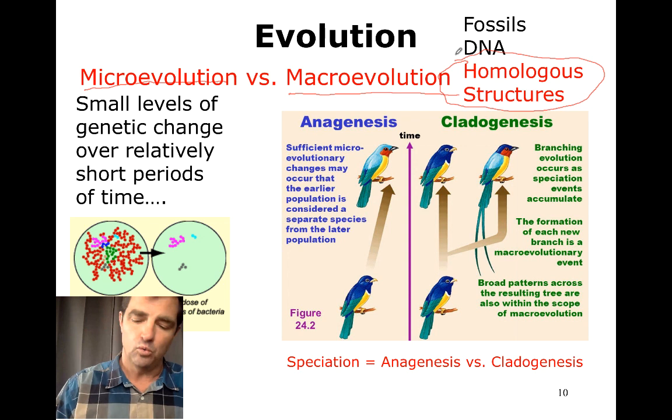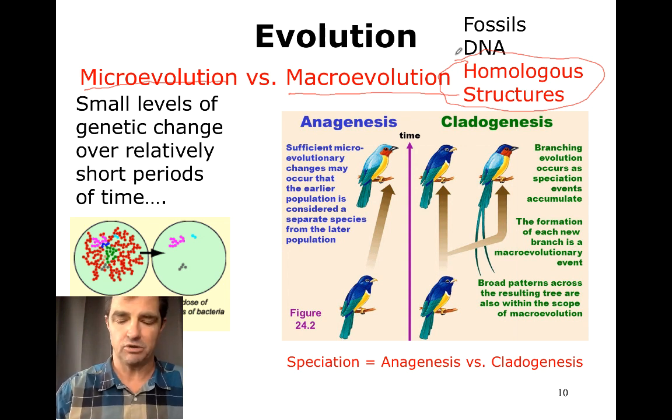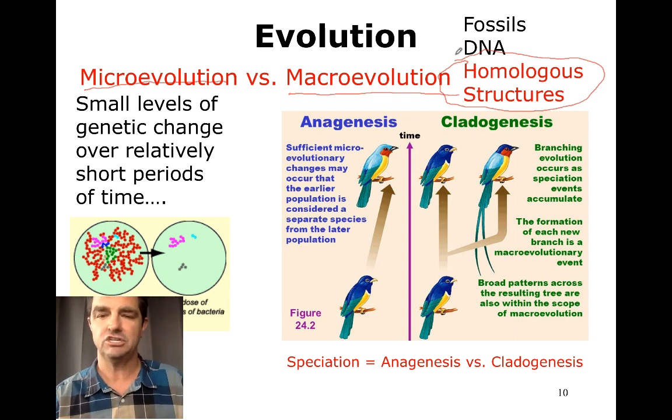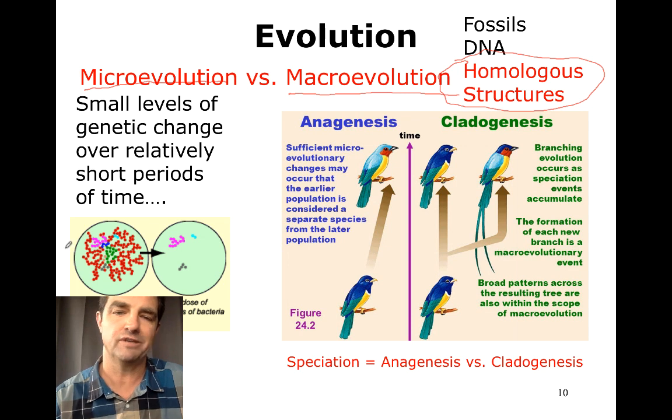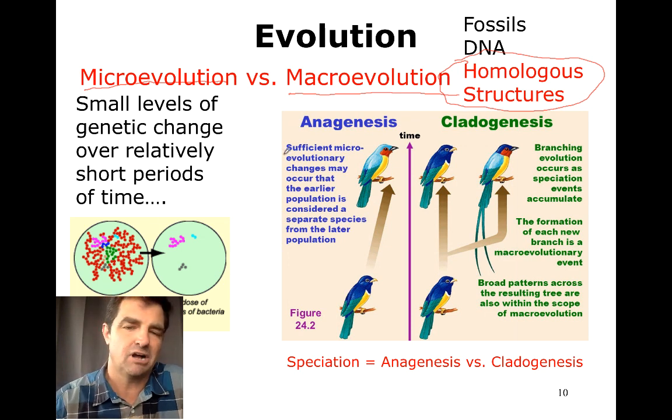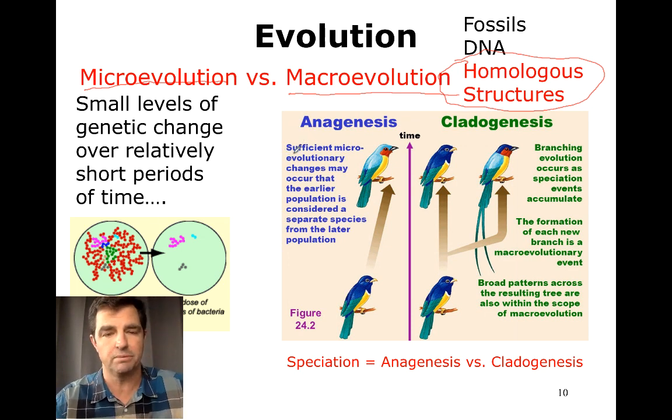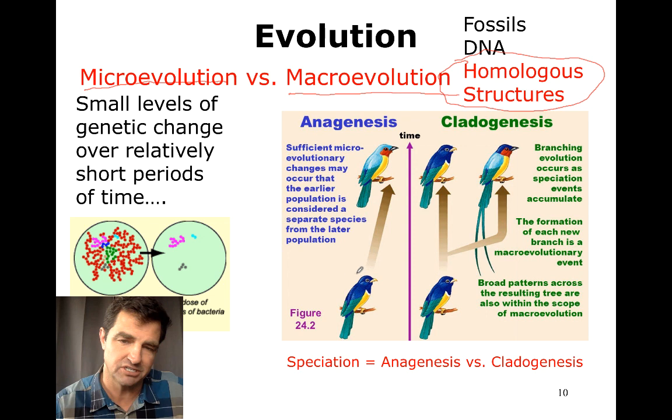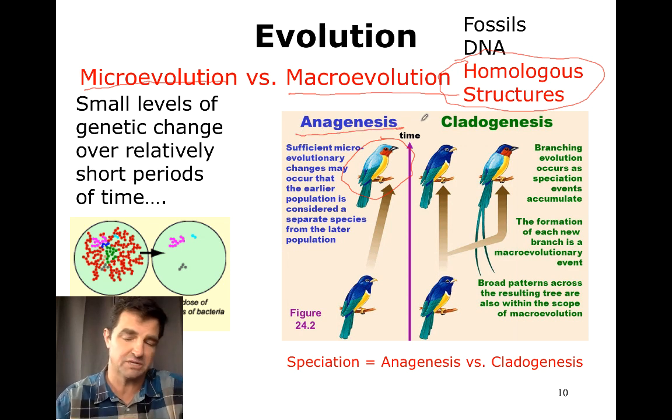Now, when things are related, the way things change over time can occur in a couple of different ways. Over a long period of time, one species, that's what they're showing here, this one bird, might change and become this bird. That's called anagenesis. That's where one species over a long period of time changes and becomes another, and the idea is this one no longer exists.